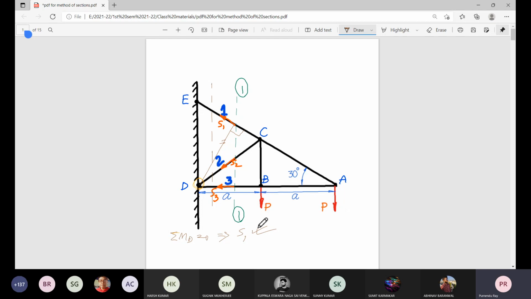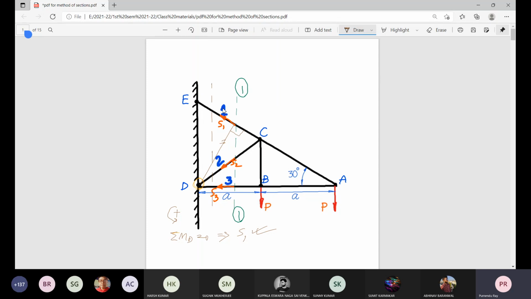So P multiplied by A clockwise, P multiplied by twice A clockwise, and S1 multiplied by twice A sin 30 anti-clockwise. Now you need to consider one sign convention. Suppose anti-clockwise is positive. So S1 multiplied by twice A sin 30 minus PA minus twice PA equals 0, and directly we solve for S1.